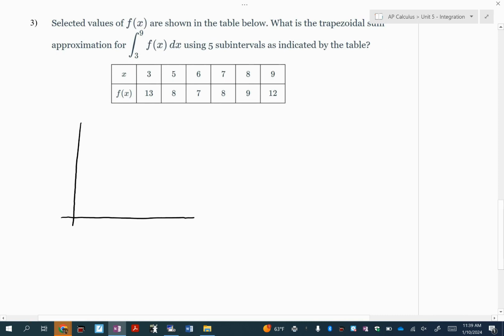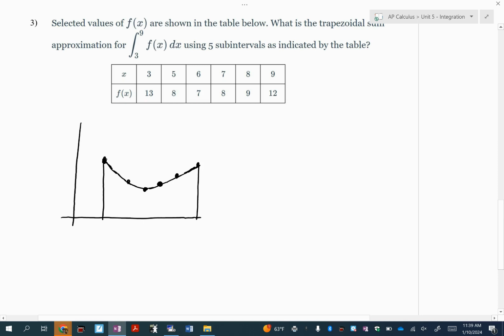I've got 3, 13, 5, 8, 6, 7, 7, 8, 8, 9, and then 9, 12. Something like this.